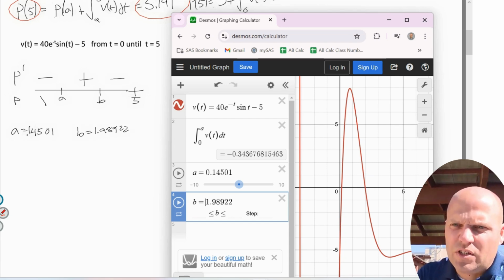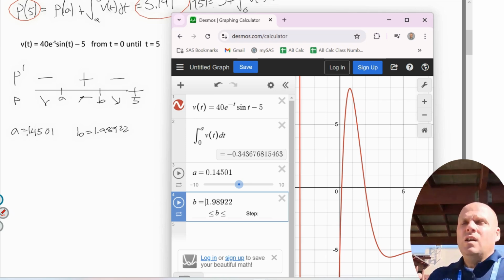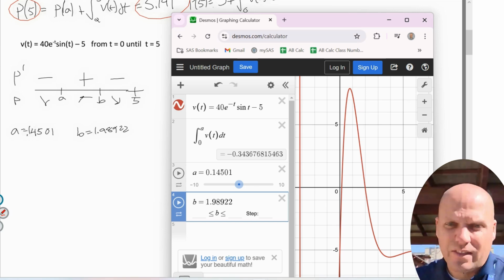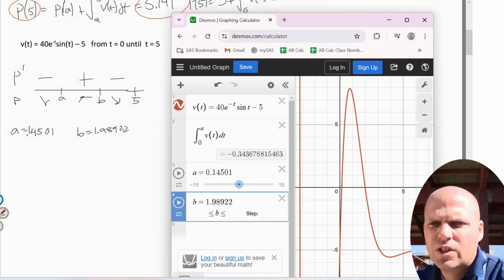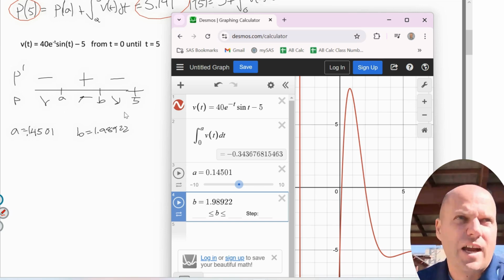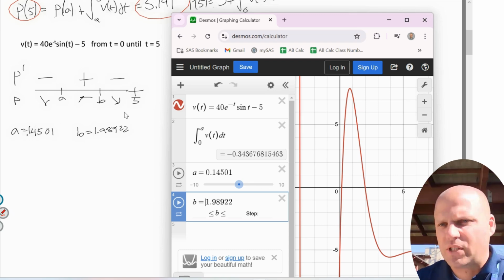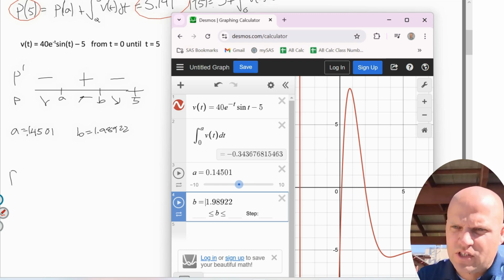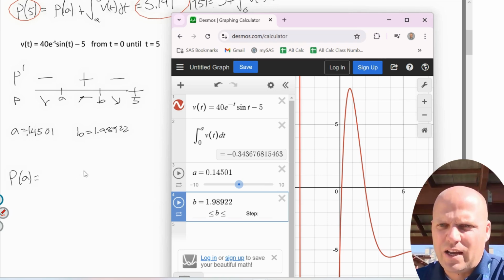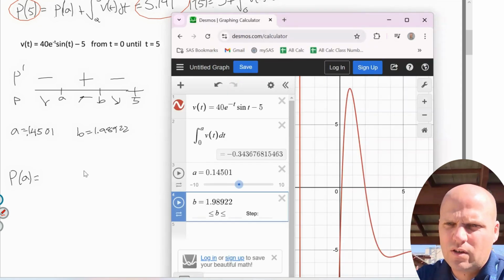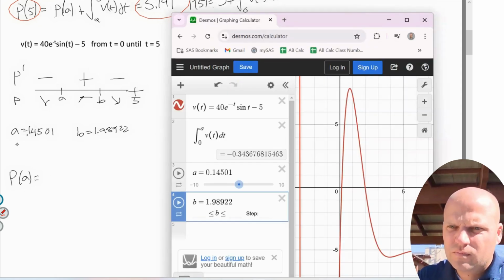So my position decreases, increases, decreases. I'd like you to find all of these, but let's say I didn't care. We'll be able to find it by subtracting the positions. Why don't we just say the position at A equals my initial position, which was 4. So P of 0 is 4.